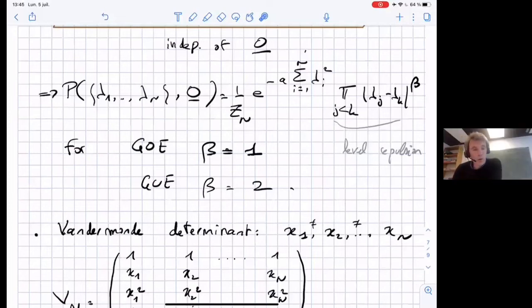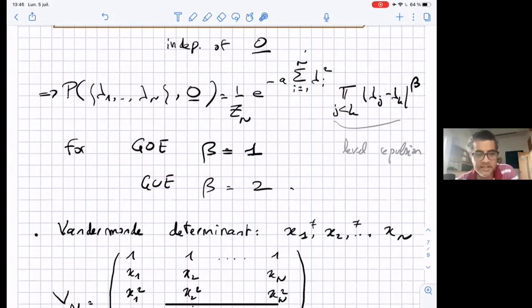It is a constant in the sense that it does not depend on O, and that means that the matrix O itself, which encodes the eigenvectors, is uniformly distributed over the orthogonal group. They are all equiprobable, if you want.